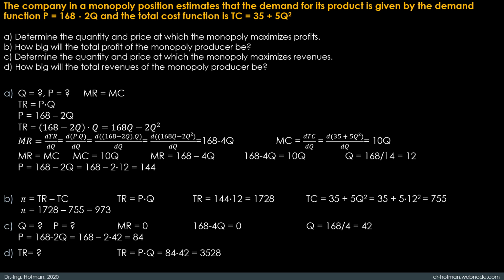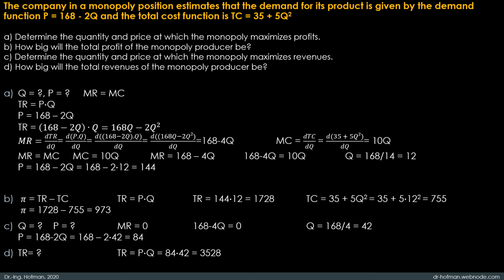Price, given by the expression 168 minus 2Q for this 42, is 168 minus 2 times 42, which is 84. And the last point: how big will the total sales of the monopoly producer be? Or total revenues, let's say.